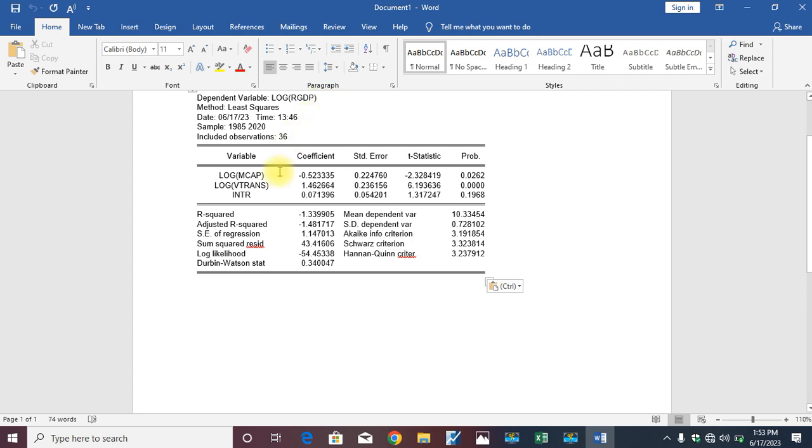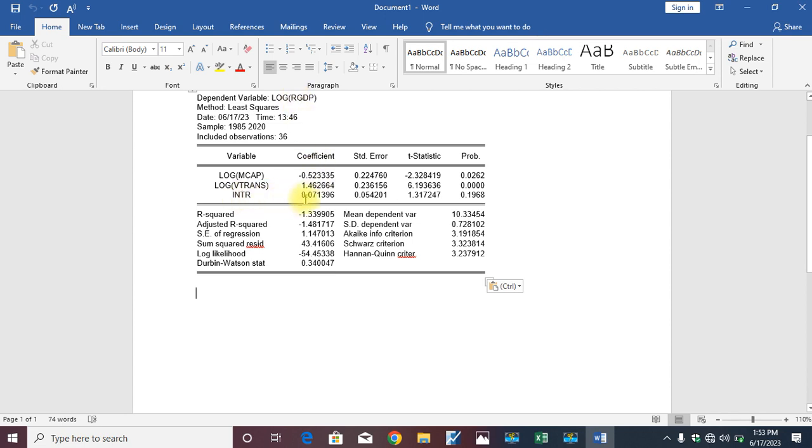That means an increase in a nation's level of growth is being driven by the continual increase in the value of transaction in the stock market. This is in line with the prior expectation, because it is expected that when the value of transaction in the stock market increases, economic growth in Nigeria will also increase.